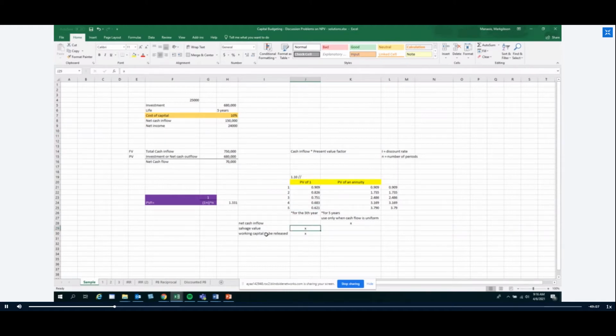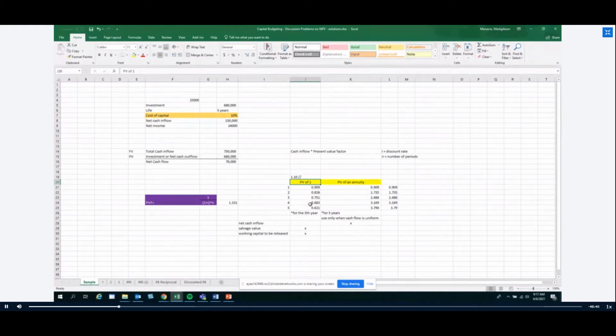Also, if there's a mention about working capital that will be released towards the end of the life of the asset, we'll also need to use present value of 1. O ngayon class, itong present value table, it can be provided in the problem, that's 1. Or there will be tables provided to you, gaya ng ginawa ko.